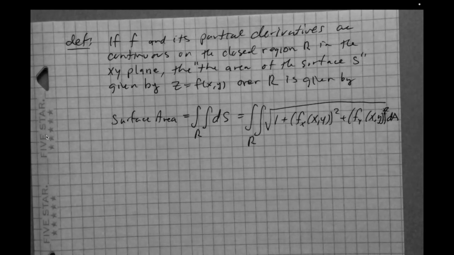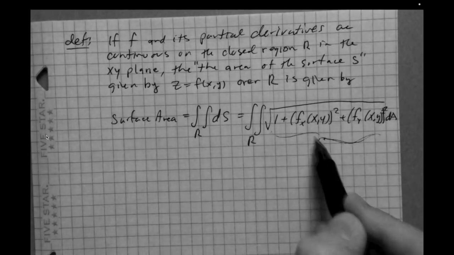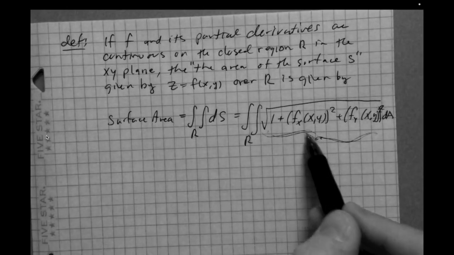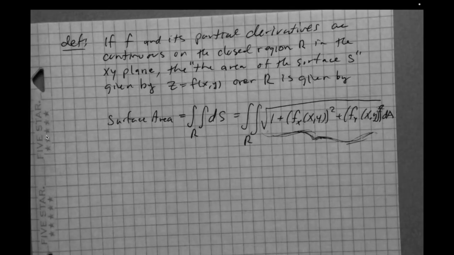Okay, and so that's the surface area in terms of the double integral. Now, you may be looking at this and there may be something kind of sparking in your memory from back in Calculus 2 days when we were talking about the length of a curve, okay, arc length, right, from Calculus 2.